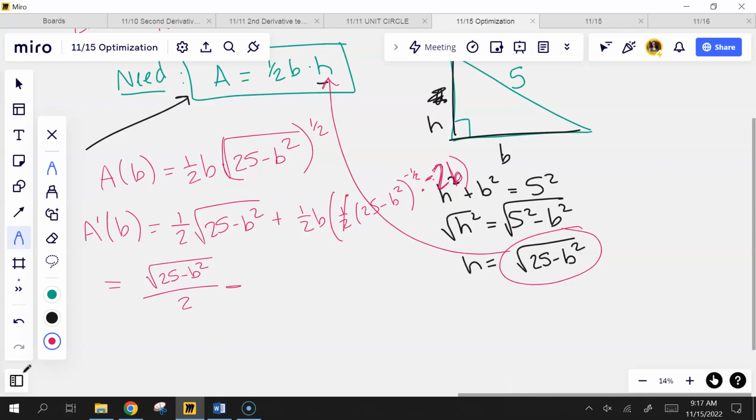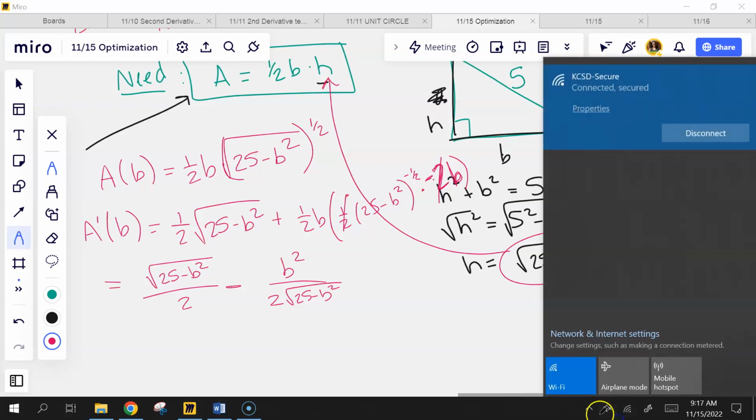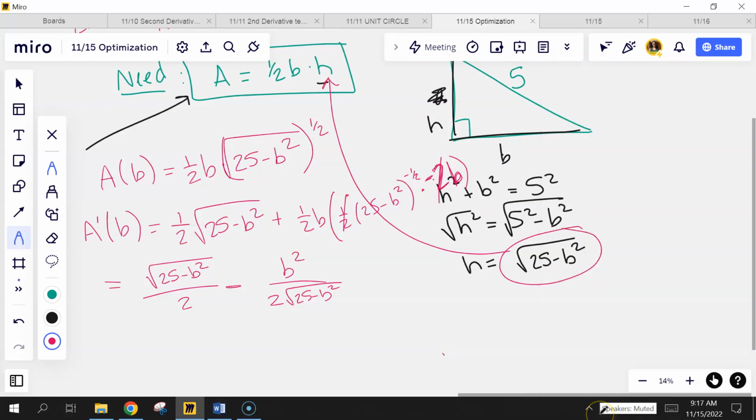I'm going to go ahead and cancel at least one of those 1/2s out there. Looks like I'm going to have b squared over 2 times the square root of 25 minus b squared. Is that what y'all got?